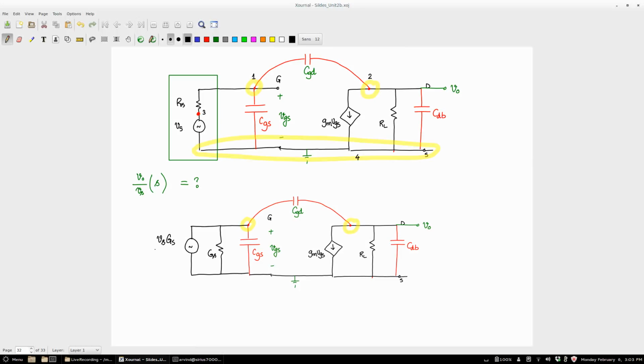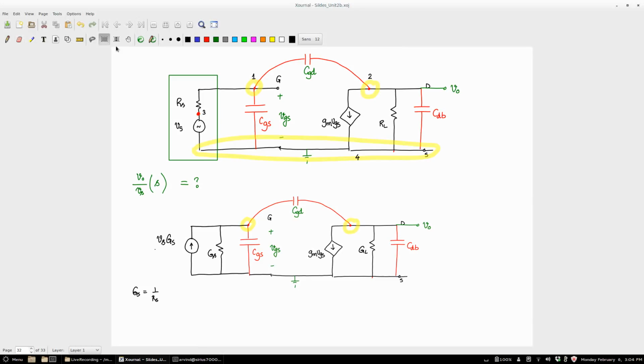Yes, indeed. We can do that by converting this voltage source and the resistance RS into its equivalent, by finding the Norton equivalent of that voltage source and that resistance. So that is given by Vs GS, where GS is 1 by RS. Your GS is 1 by RS. Okay, and I've drawn a GS here, which means that's the conductance.